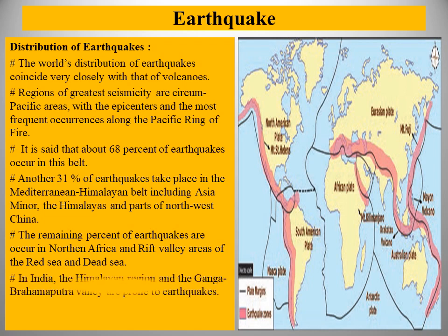In India, the Himalayan region and the Ganga-Brahmaputra Valley are prone to earthquakes. A number of earthquakes occur and are experienced in these regions, the Ganga and Brahmaputra regions.